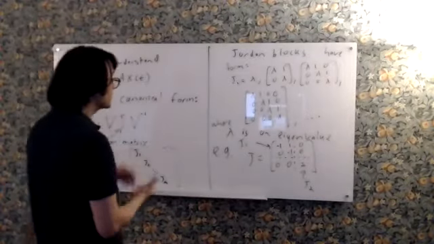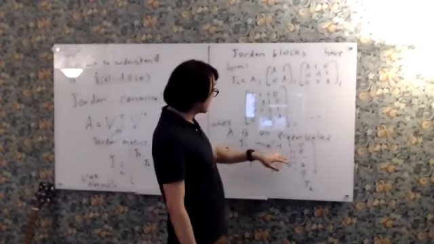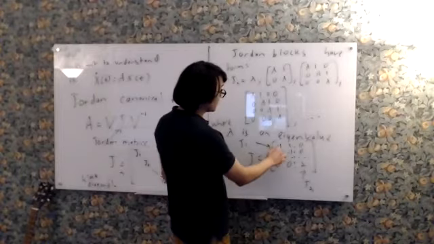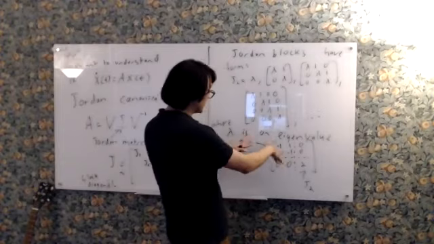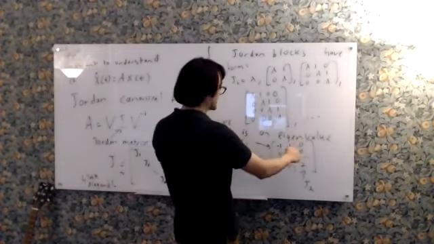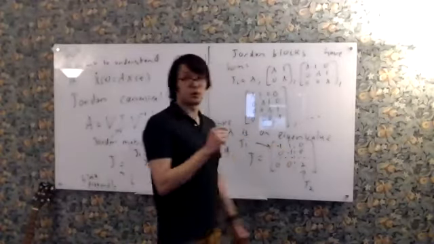From this Jordan matrix, we can read off that, because this is an upper triangular matrix, it has eigenvalues of -1, -1, and 2.